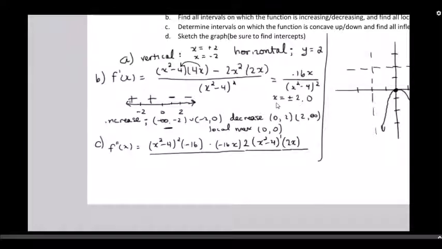So we've got low d high minus high d low all over low squared, so it's going to be (x squared minus 4) squared squared, so that's going to be to the 4th power. If you're squaring something that's to the 2nd power already, that means it's raised to the 4th power.